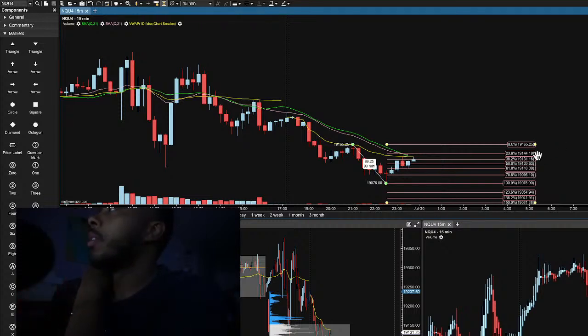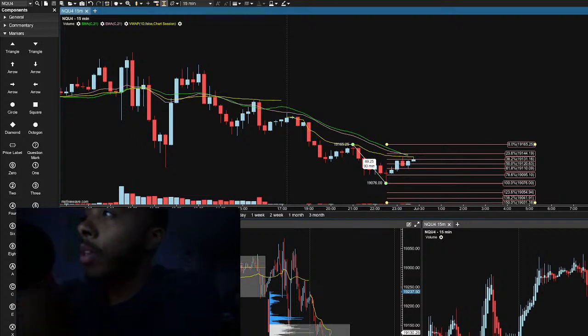Oh, another thing is you guys can see I have three windows. So this top window is where I kind of just look for my ABCD patterns. This bottom left window I usually keep for volume profile just to see what prices we are possibly going to reach. Now, I know I said earlier that I don't use volume profile to trade.